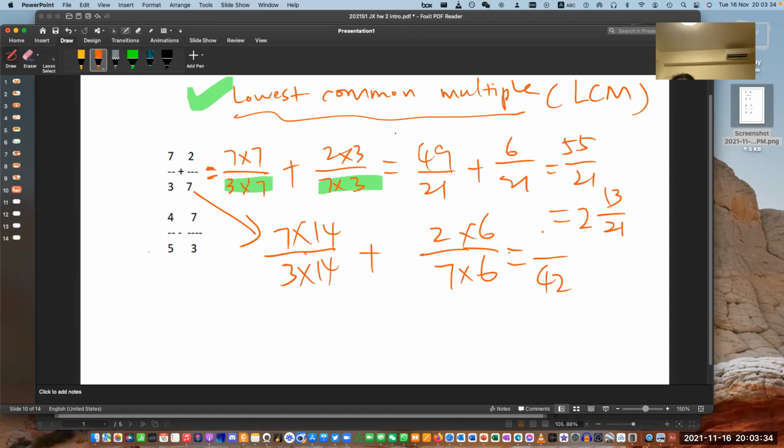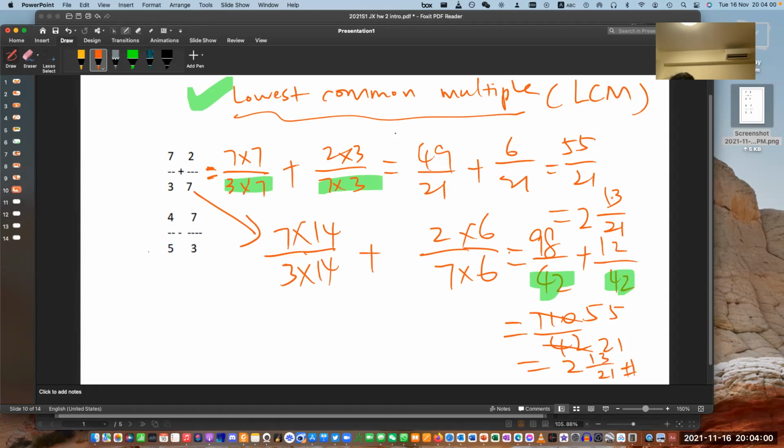And then of course above you're going to get 98. And then over here you get 12 over 42. Can you see that the denominator is also the same, right? So if you have the same denominator, you can continue. But it's just more complicated. So you're going to have 110 over 42. Of course, you need to simplify. So this is 55 over 21, and then you end up with the same answer.